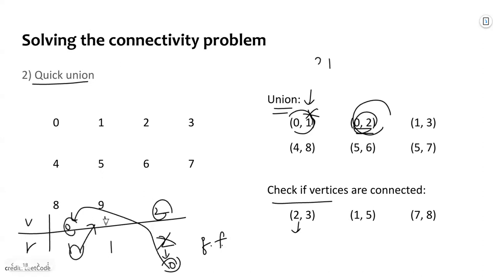And we go to the vertex 1 and check that vertex 1 has its own root. Then we say that the root of 2 is 1. So as you can see here, the find operation is quite slow. So these are 2 ways we can implement disjoint sets, quick union and quick find.